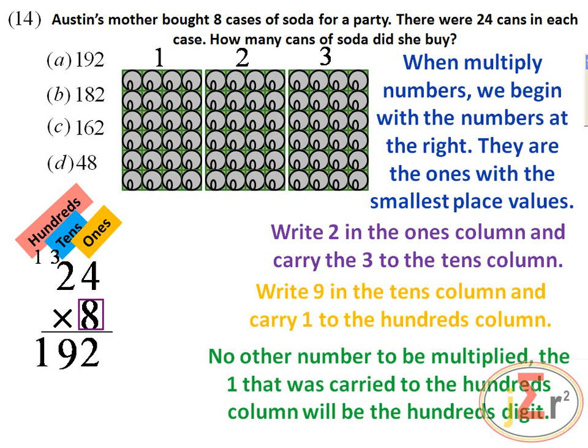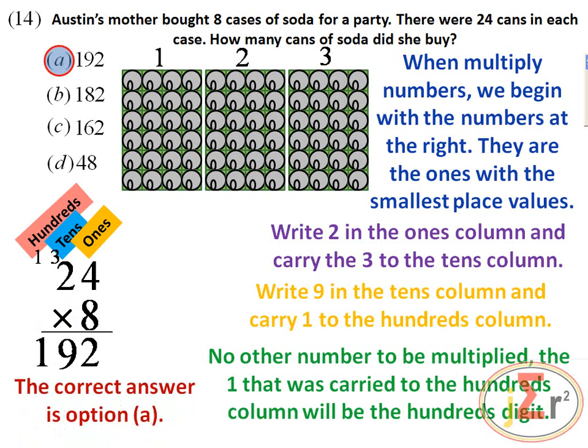In any way that you choose, you are not going to be theoretically incorrect. So you may write it down at once, or you may treat it as a carry. The correct answer is option A.